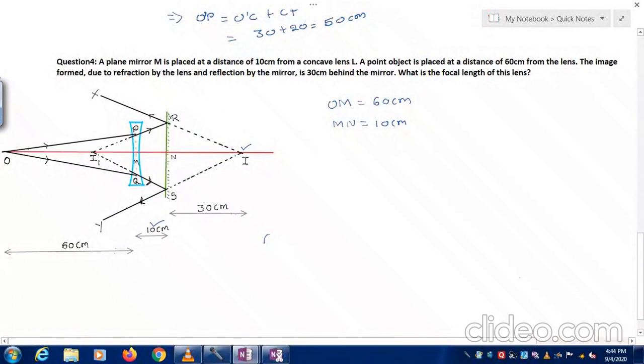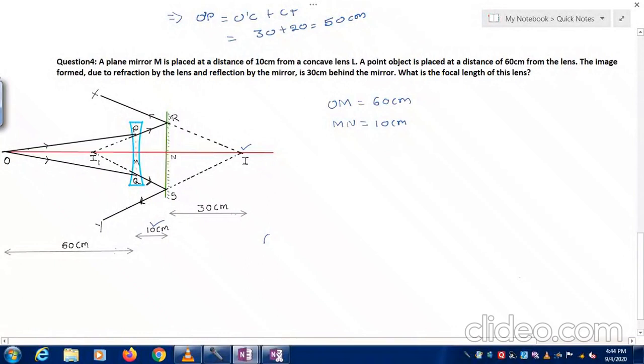We know that from the nature of image formed by a plane mirror, the object must be placed in front of the mirror at the same distance, that is, the object distance for this plane mirror must be 30 centimeter. So here I1 is the object for the mirror and this I1 must be the image for the lens.